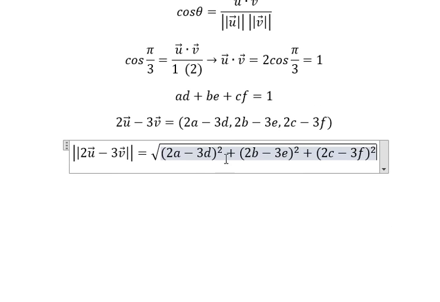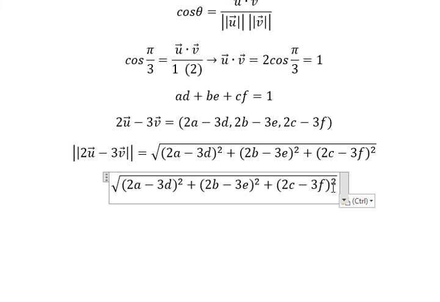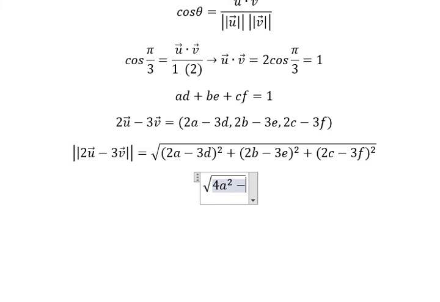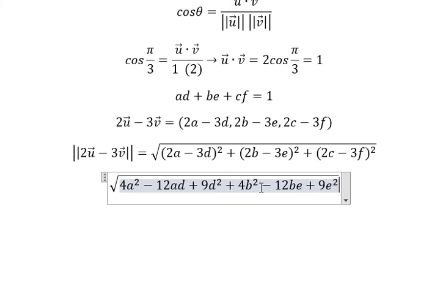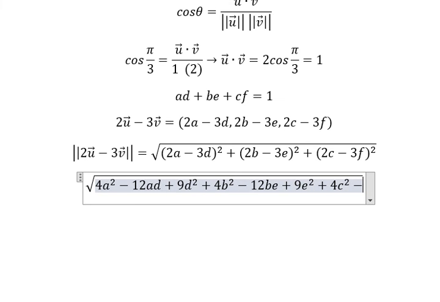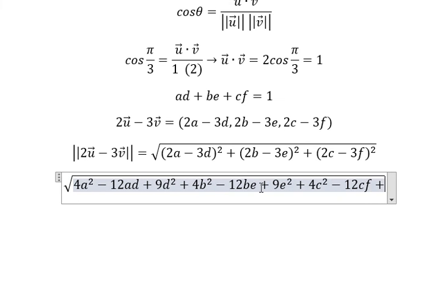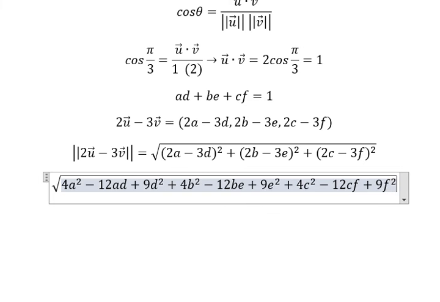Now if we expand this one, we will have 4a squared minus 12ad plus 9d squared plus 4b squared minus 12be plus 9e squared plus 4c squared minus 12cf plus 9f squared.